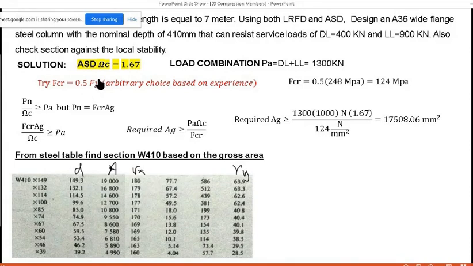Diba? Kasi yung ating basis lang dito sa area is just the assumption that FCR is equal to 0.5 FY. So this will not be a concrete basis to say that our section is the economical one.